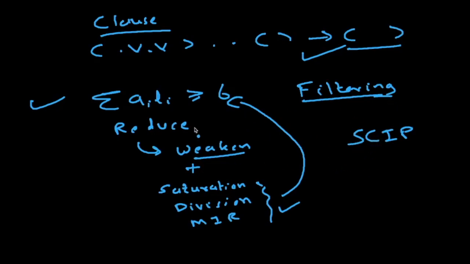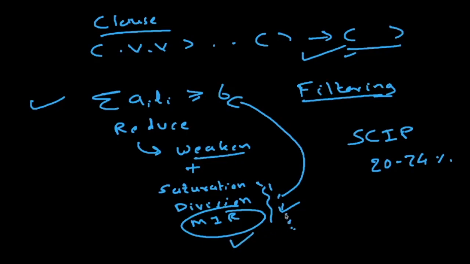It turns out that all of this conflict analysis gives about 20 to 24% gain. It actually does not really matter which conflict analysis you do, they are all roughly similar, but particularly the MIR based ones are the strongest in terms of node reductions.